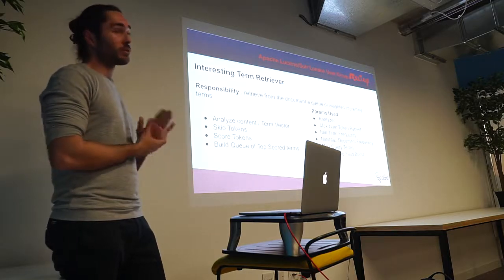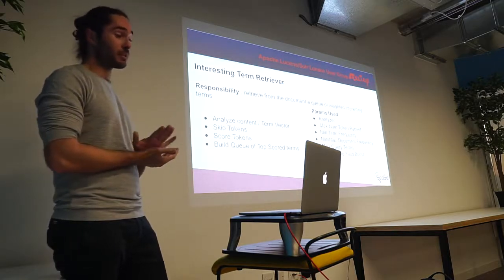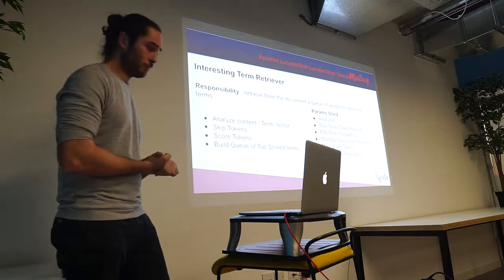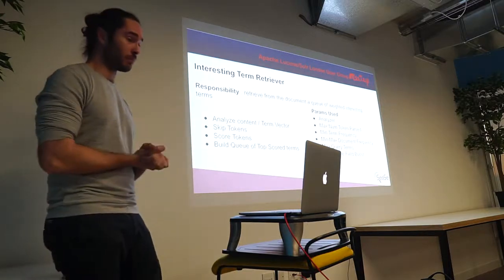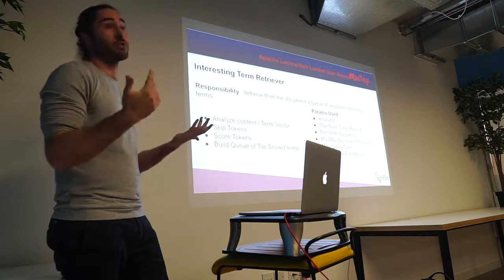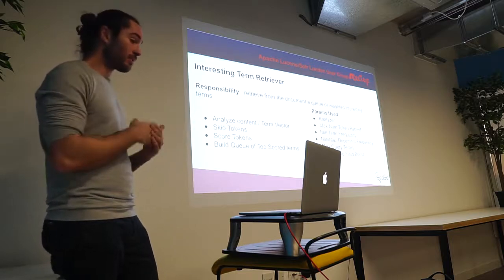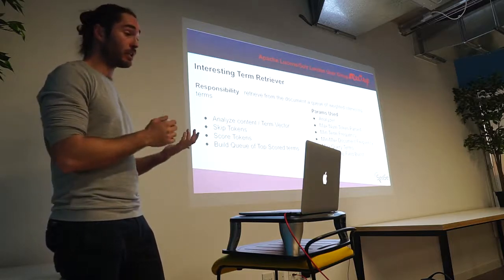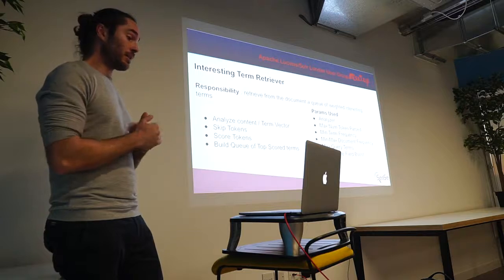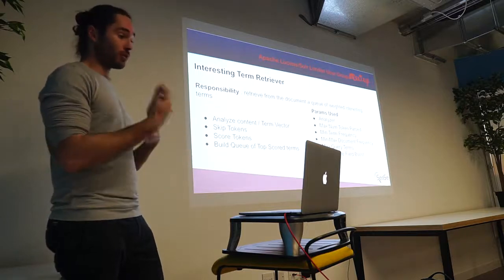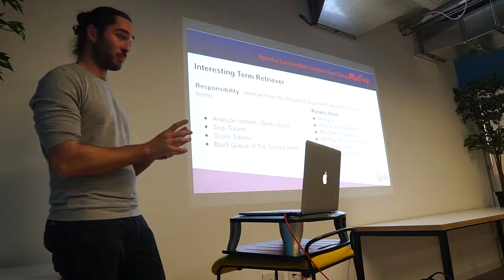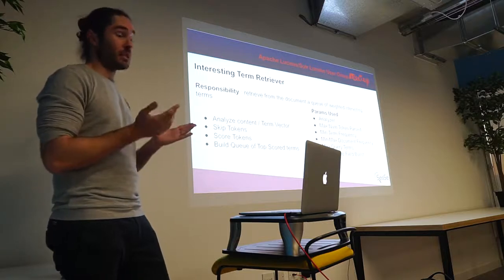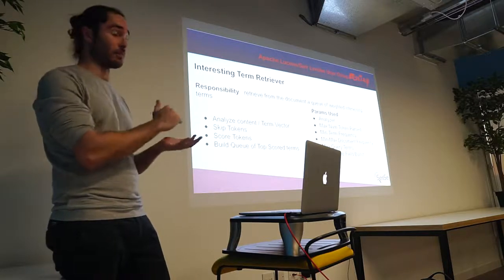If you store as an additional data structure in the index term vectors, which is basically a per document inverted index, to make it simple, which of course costs a lot more space, but some functionalities in Solr and Lucene use this additional data structure, then if you want to use it, More Like This will be able to immediately fetch all the terms and then calculate the score of each term.